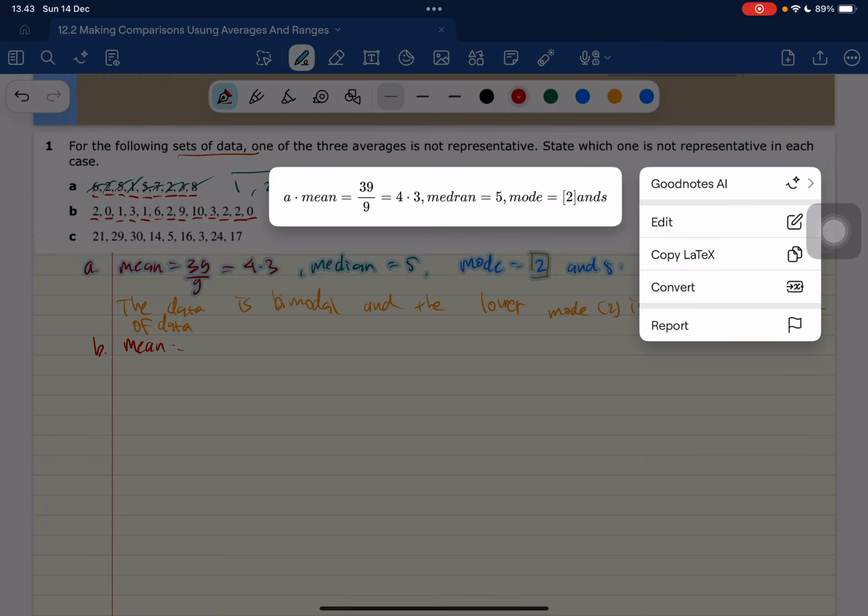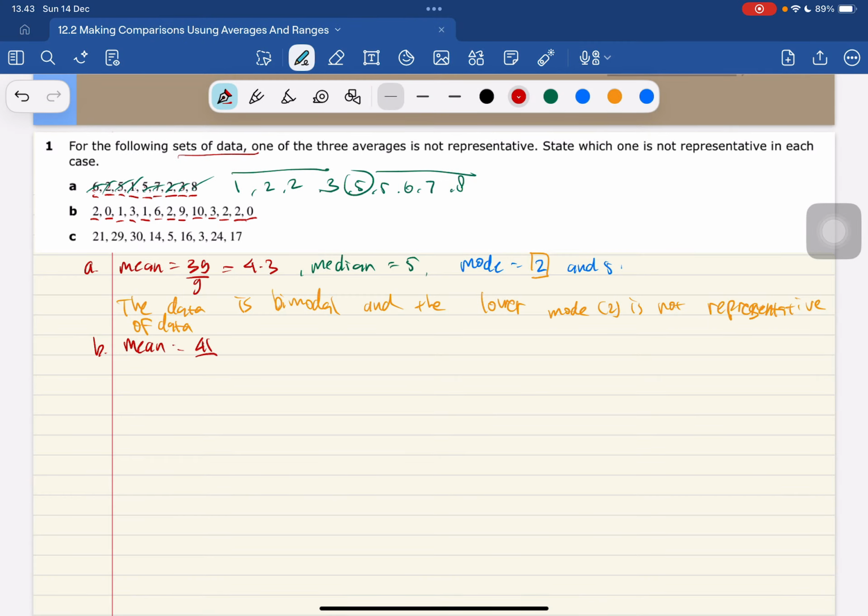So it's going to be 41. We divide by 13, since there are 13 numbers. So we got the mean is 3.15.